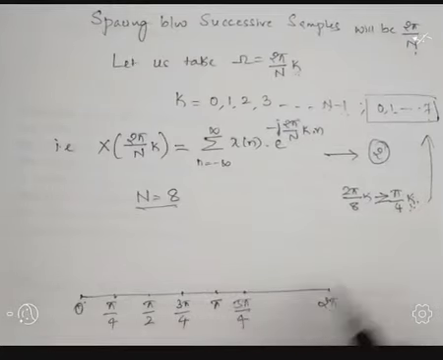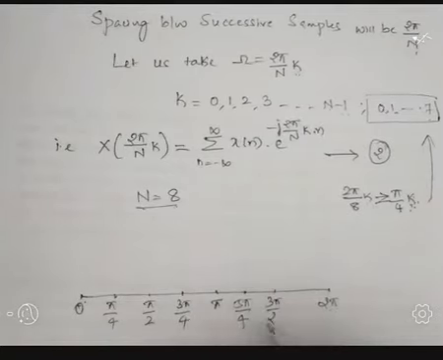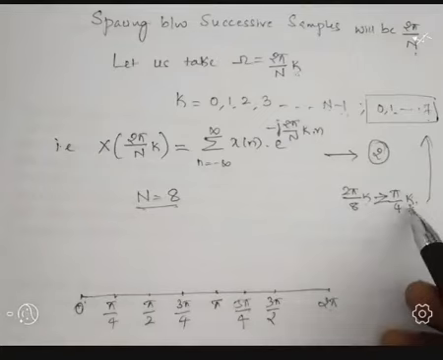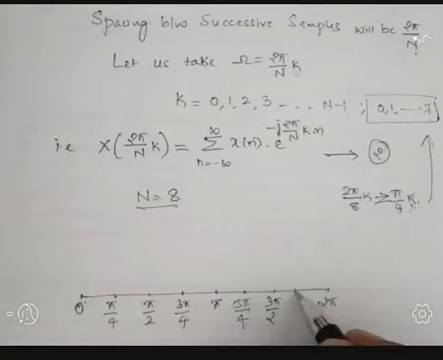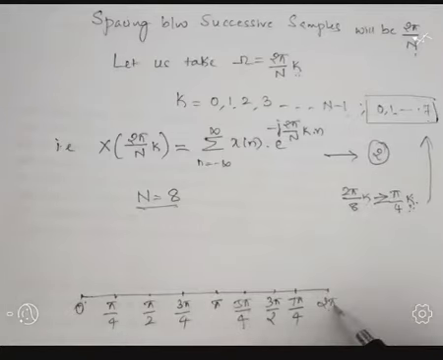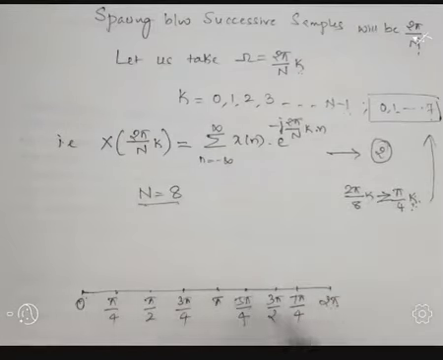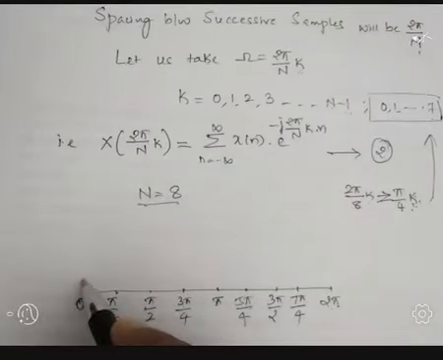If k equal to 6, it becomes 3 pi by 2. If k equal to 7, it becomes 7 pi by 4. If k equal to 8, it becomes 2 pi. So we divided the spectrum, for this example, into 8 samples. How many samples did we get? 1, 2, 3, 4, 5, 6, 7, 8. We got 8 samples. Likewise, we have to sample.